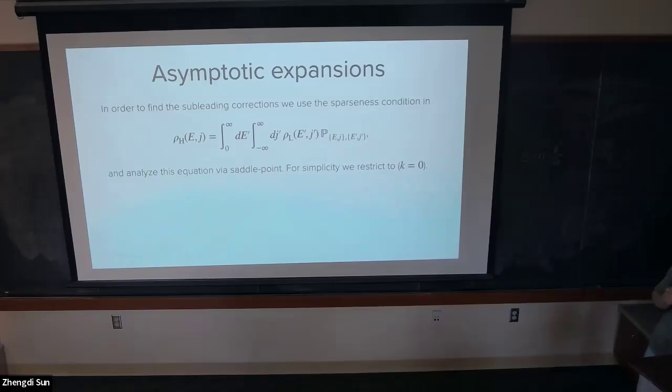Once you do that, you can analyze the integral via a saddle point approximation. For simplicity, I will restrict to weight 0 weak Jacobi forms, but it's very easy to generalize, and there are no conceptual difficulties if you want to do that, but it makes the equations look a little bit cleaner.